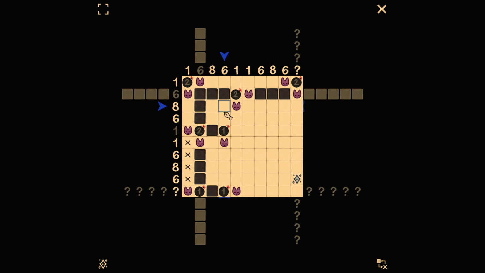Because there has to be a path out. No matter what, there has to be a path. And this one needs to be able to escape somehow. So I think did that.